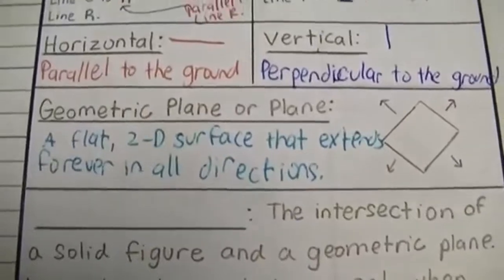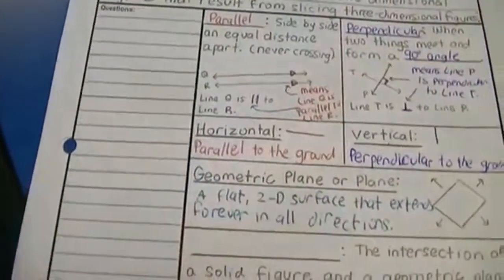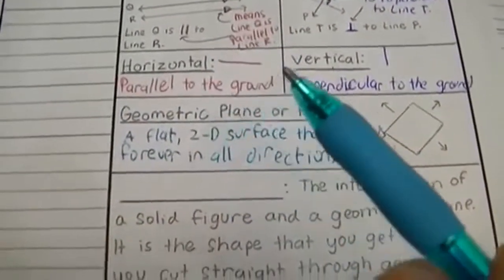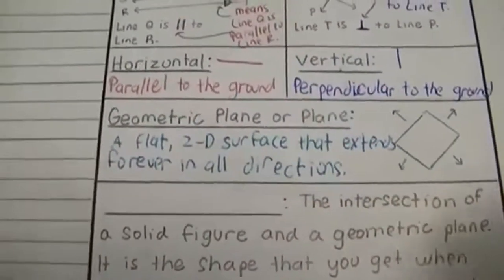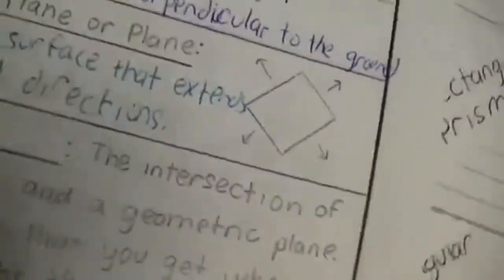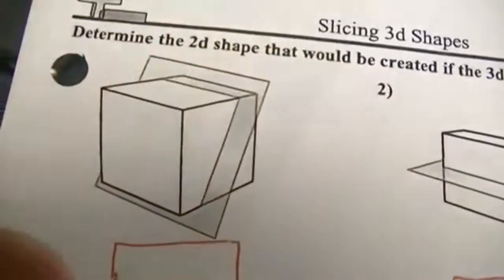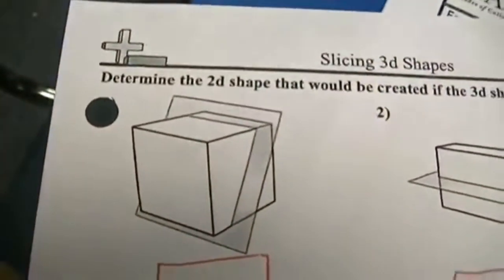I would picture it as a flat piece of paper that extends forever and ever, and you can think of it as being invisible. It's like slicing something. If you're still unsure, on your assignment, see this thing that's slicing it? That's a plane. You picture that it's straight and goes on forever in all directions. So that's what a geometric plane is.